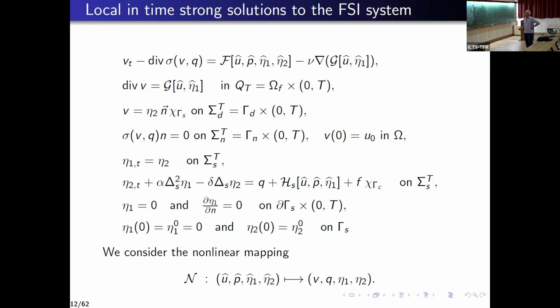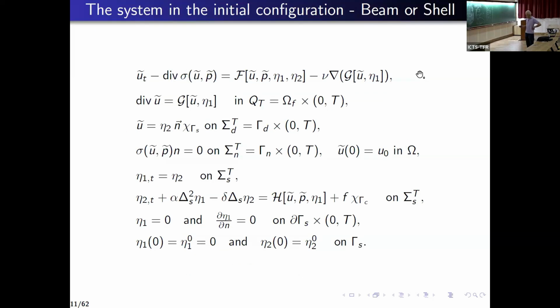So what I'm going to do, I'm going to make a fixed point. In the fixed point, I choose the data in the nonlinear terms here, and I solve the corresponding equation, which is now linear.